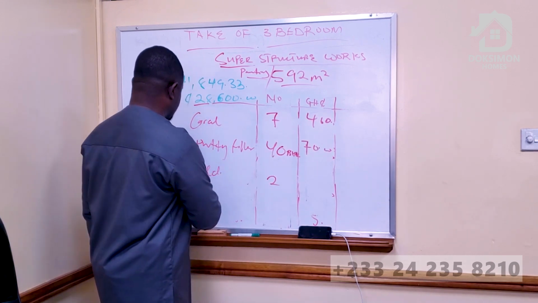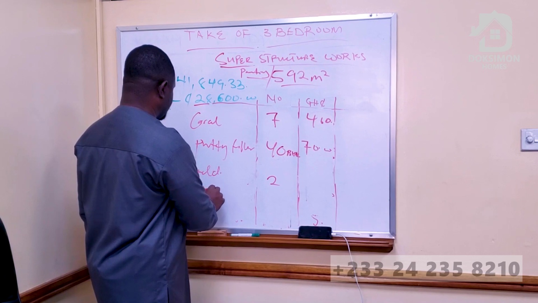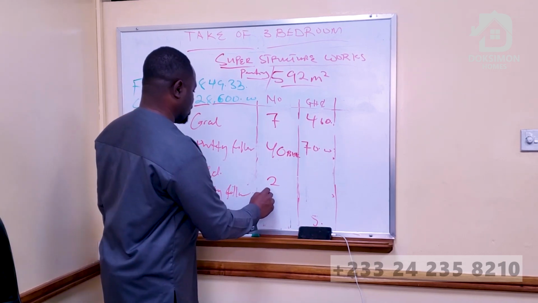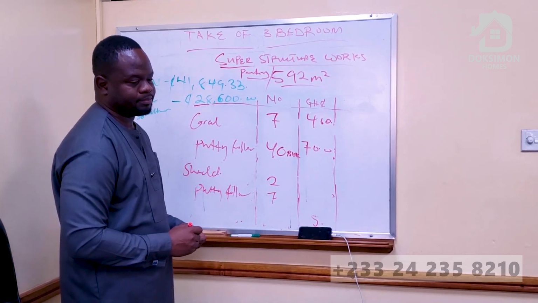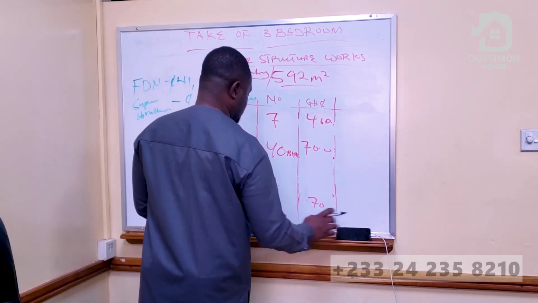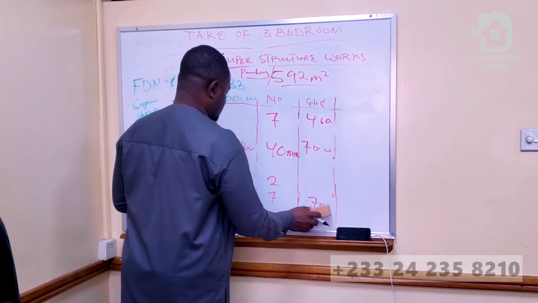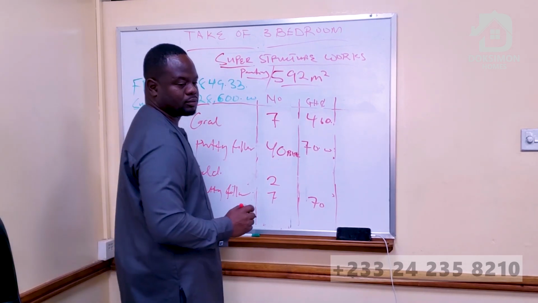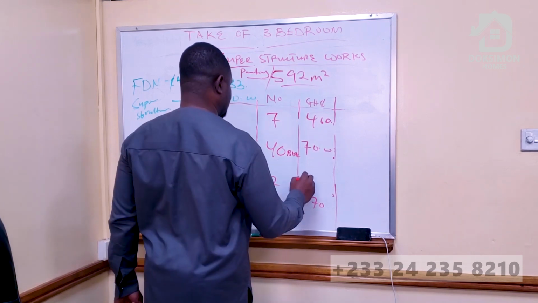Okay, another putty filler. We have seven, right? Yeah, at 70 cedis. Then the Shield, we are looking at 220.